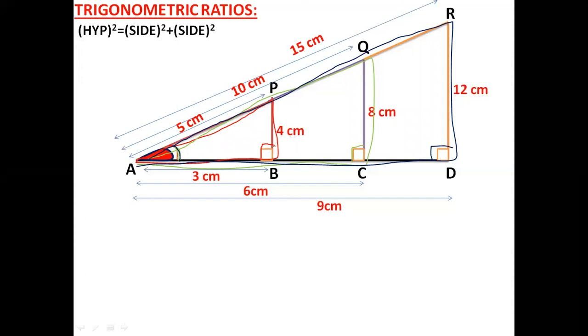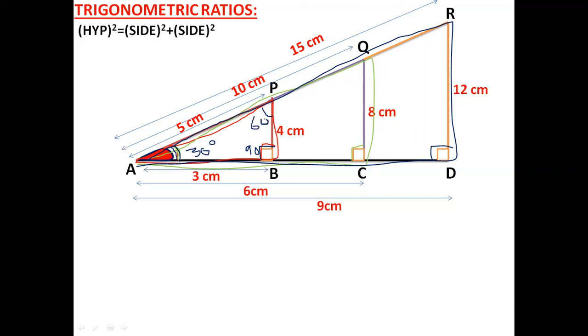Why? Because this is 90, this is the common angle. Here suppose this common angle is 30, let this angle be 30 degrees, this becomes 90 degrees, right angle. What about this angle? 90 plus 30 is 120, so the remaining is 60 degrees.